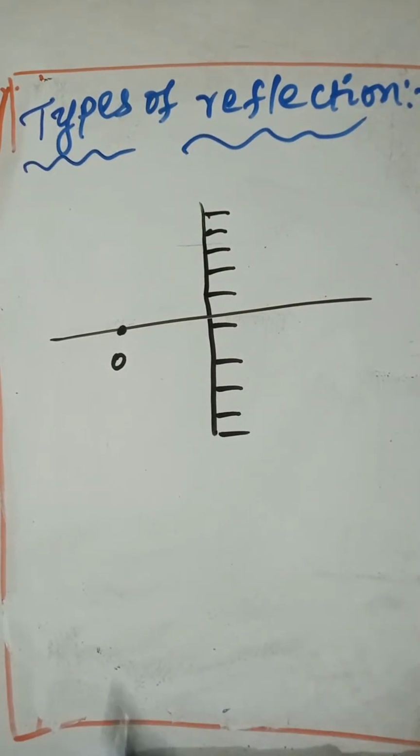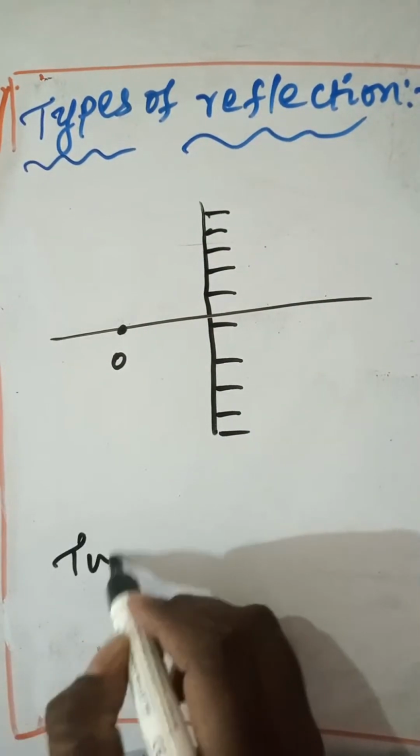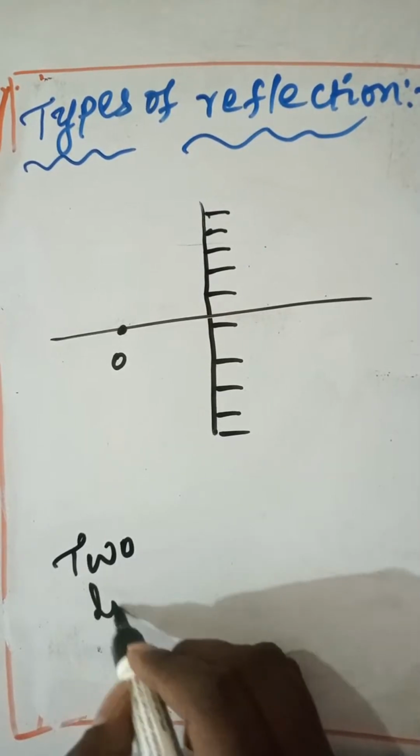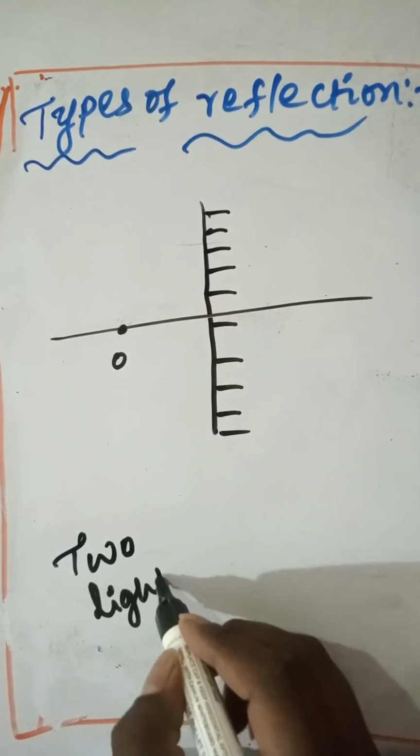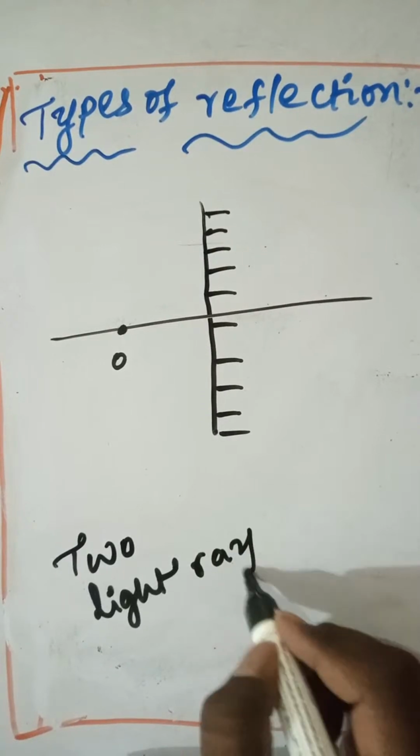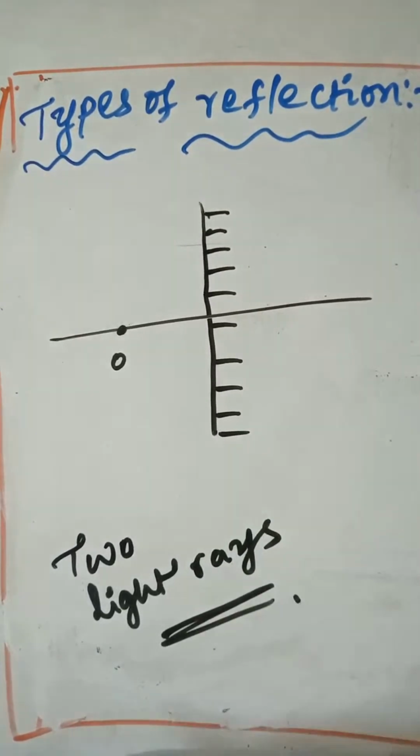So how many light rays are required to form the image of the object? Minimum 2 light rays are required to form the image of the object. How many light rays? 2 light rays.